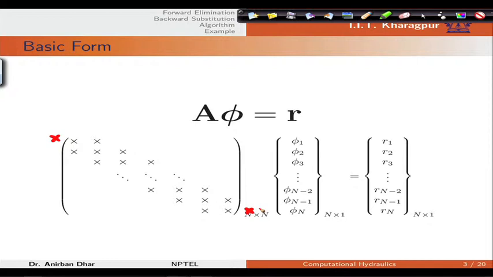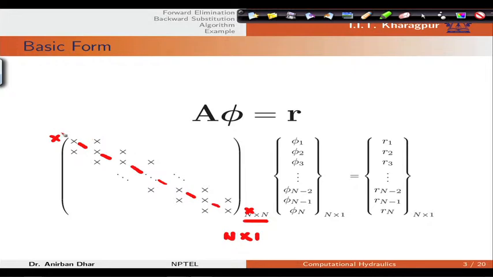So, if it is an n by n total matrix, now we can divide this A matrix into 3 different column vectors. How is this possible? In the diagonal term, we will have n values. So, let us say we have n cross 1, one column vector, and another one is for the lower one.